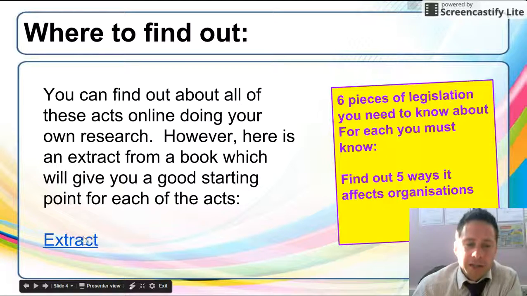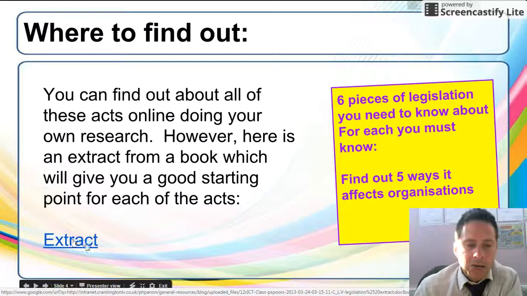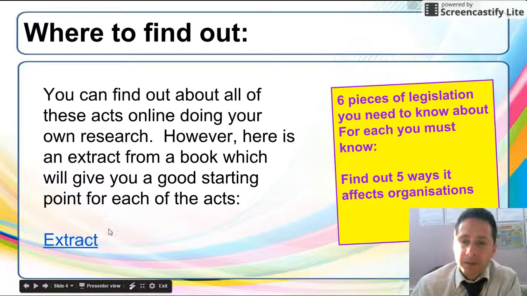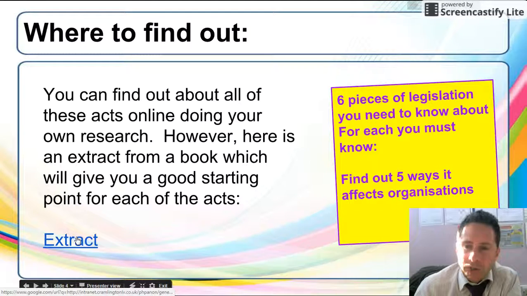So there's an extract here, which is on the class blog. It's also in your exam journal, this presentation here. So you can get this presentation, click on the extract here in the slides if you can't find it on the blog, okay? So this will tell you about each of those acts.